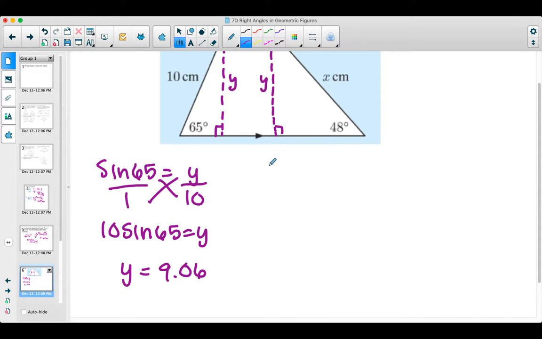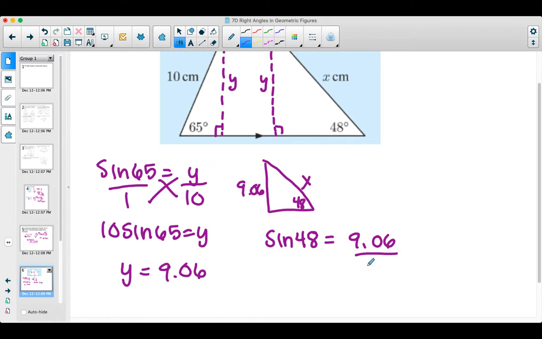And so now what I can do is I can use the second triangle, but I know that this is 9.06. So again, this is sine because that's my opposite and my hypotenuse. So I have the sine of 48 is equal to 9.06 divided by x.